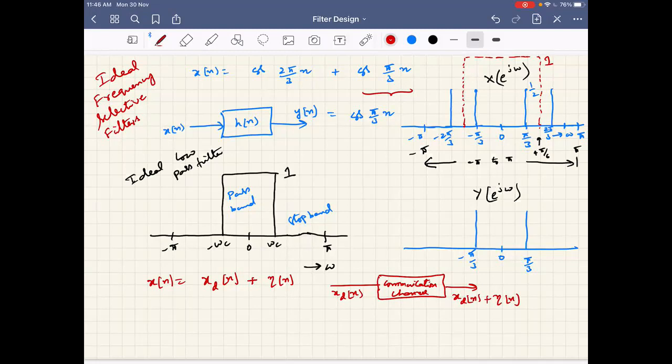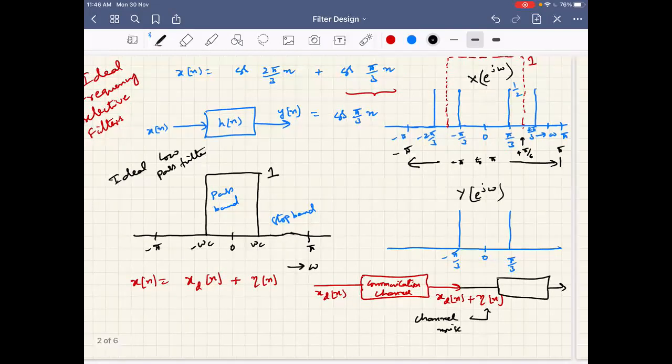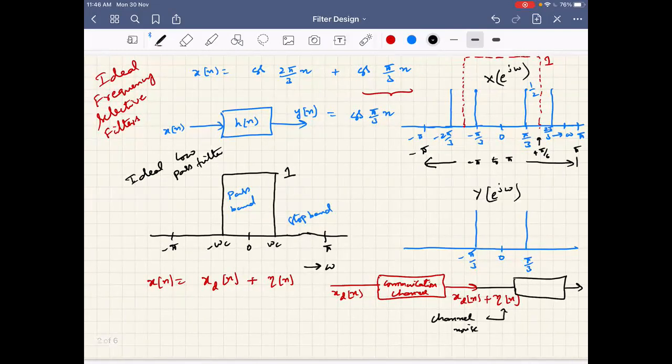Now, while designing the systems, what we do in signal processing is to design an inverse system for this. Here noise got added through the channel. This is channel noise. For the time being, we can assume this may be frequency selective noise. That means the channel adds only noise of some particular frequencies.